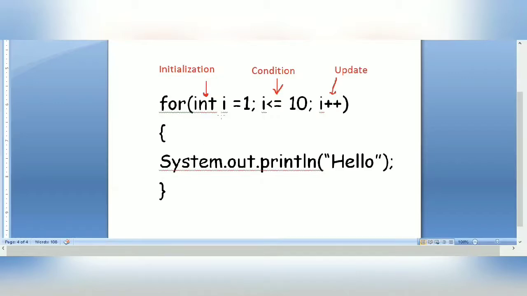So let us understand how this loop was working. In the first case, our program starts from here, and i is equal to 1. So the condition will be checked. Is i less than or equal to 10? Yes.